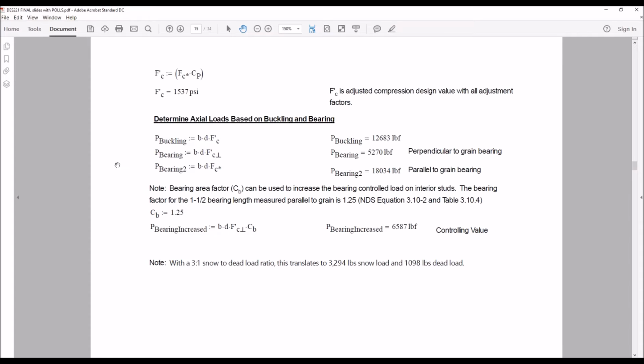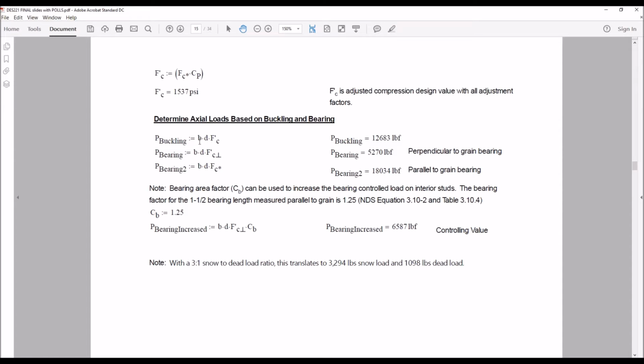And then we just determine our axial loads based on our 3 different limit states. So we have a buckling limit state, we have a perpendicular to grain bearing, and we have a parallel to grain bearing. And so those are all going to be based on the relevant F sub C times the area.